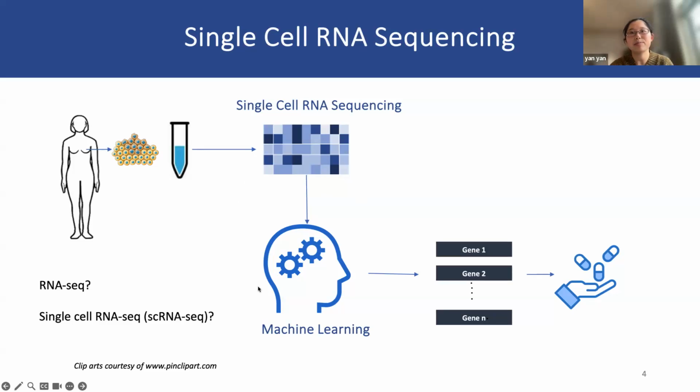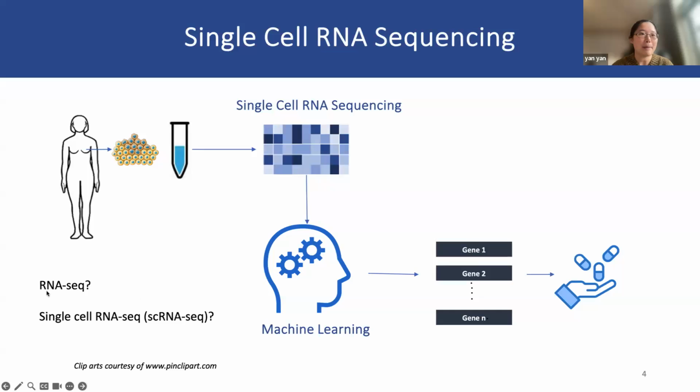And by using some machine learning algorithms, we'll be able to find out how the genes are differentially expressed. And if we look at the example of disease treatment, when we identify some important genes that are significantly different from the rest, then potentially we'll be able to develop some drugs that target those genes that we have identified. So that's in general the RNA-seq.